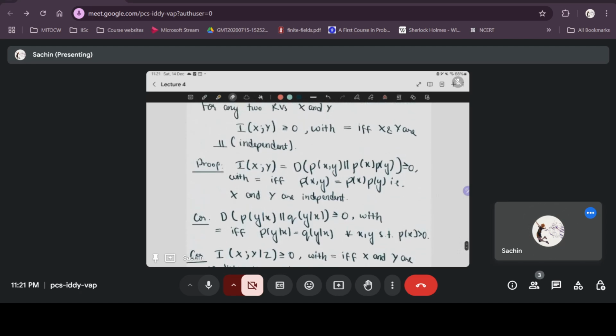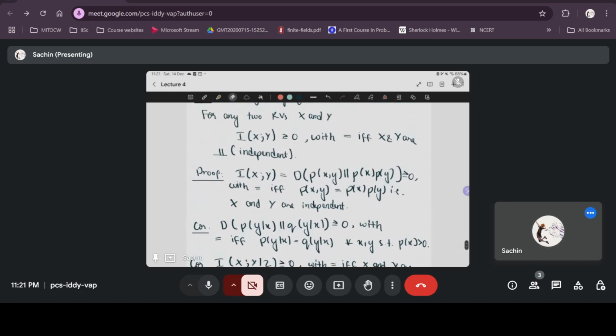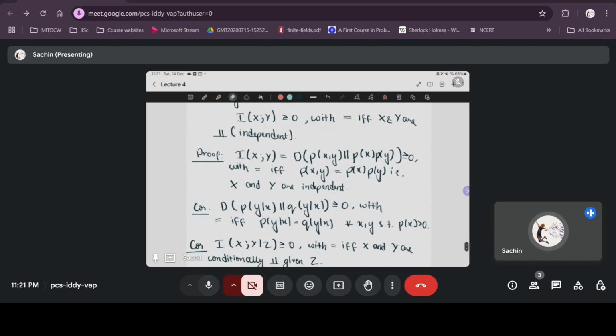For example, with the data processing conditioning, there's just a small change because you are averaging over p of x, right? But the rest of the part, you don't have to prove it again. So only a small change is present.